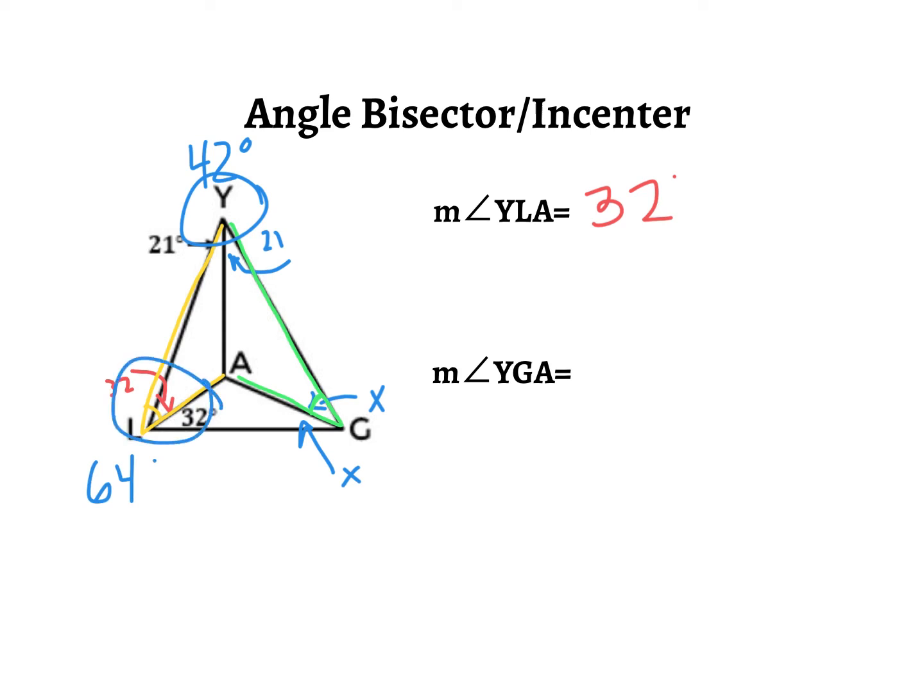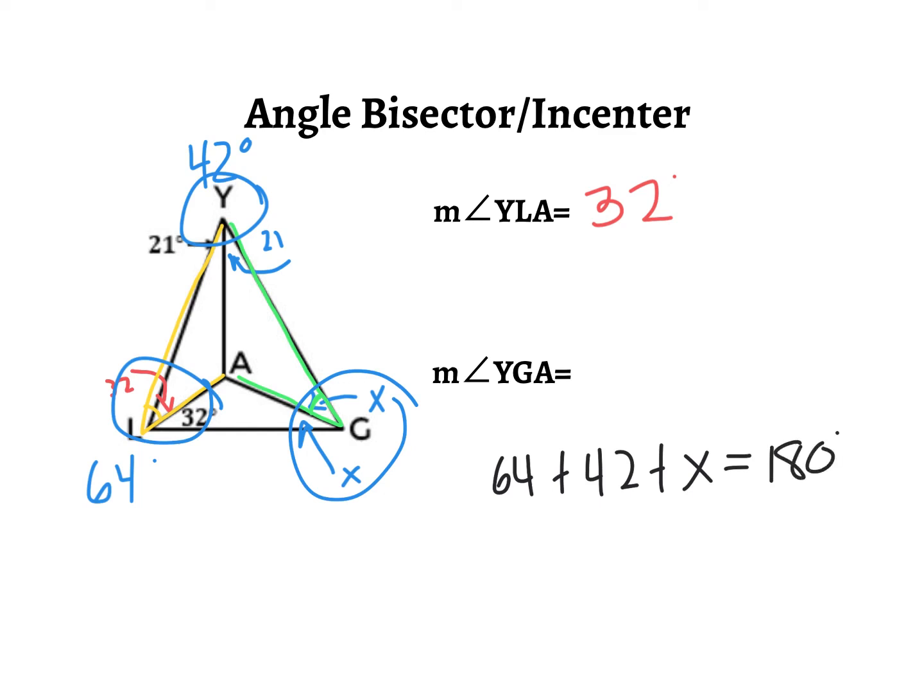And then over here, we have some other angle that we're going to be dealing with. So all of these 3 angles of a triangle should add up to 180. So if I'm trying to set up some sort of equation, I can say 64 plus 42 plus some angle equals 180. And I can find what's missing, right? If I combine 64 and 42, I get 106.